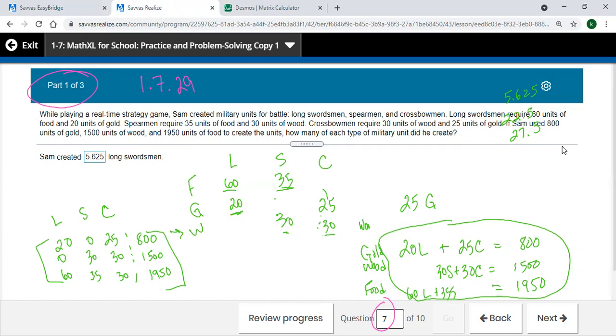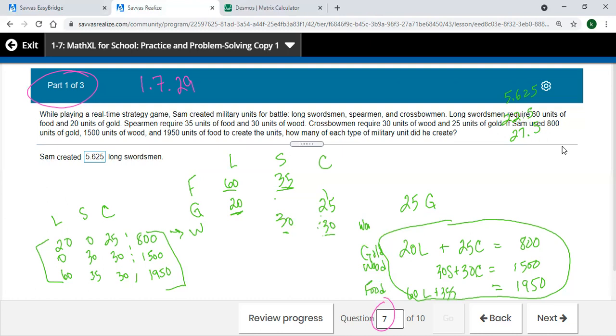Spearmen were 35 food and 30 of wood. And crossbow were 30 wood and 25 gold. Sam used 800 gold. So gold, looking at my bottom right, I've got 20 L and 25 C, and they used 800.